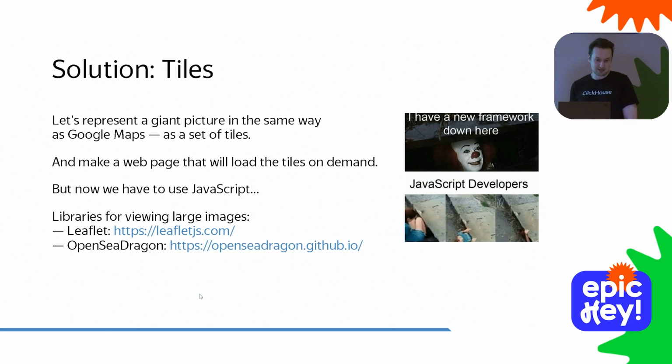There is one library named Leaflet, and another library named OpenSeadragon. My criterion for choosing JavaScript libraries is to choose the library with the less fancy name. OpenSeadragon sounds like some fantastic creature. I don't want to use this JavaScript library, so I chose Leaflet.